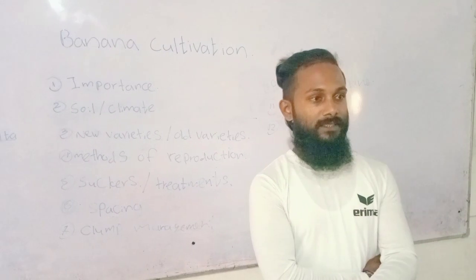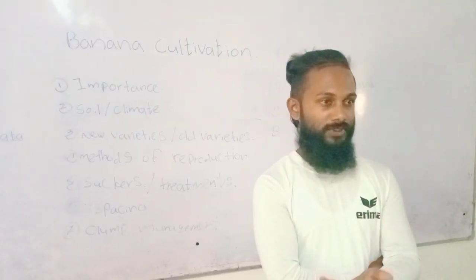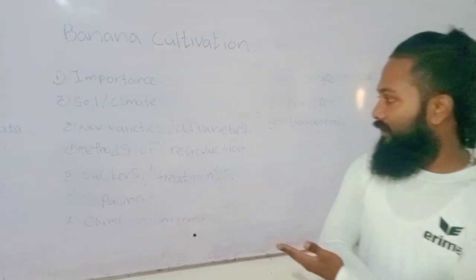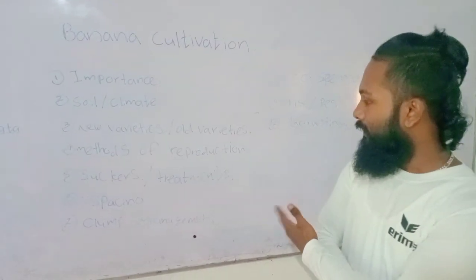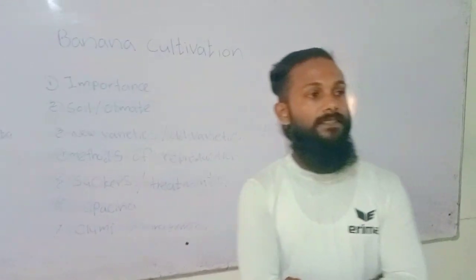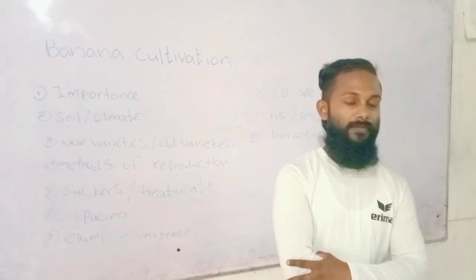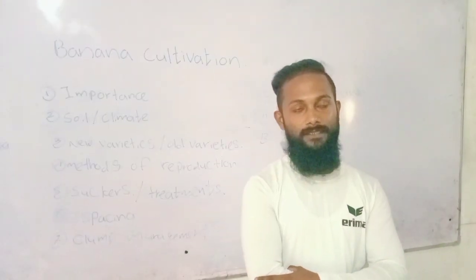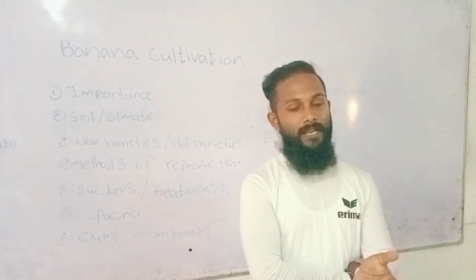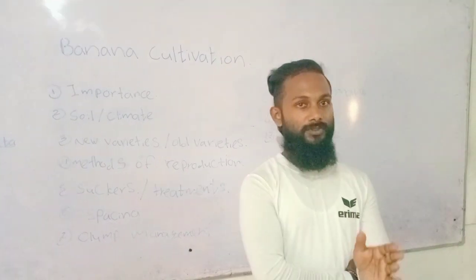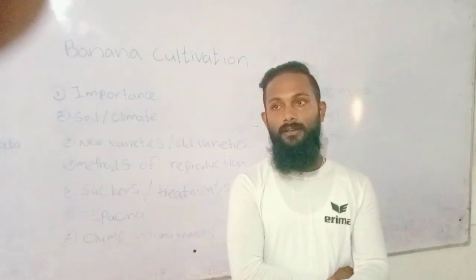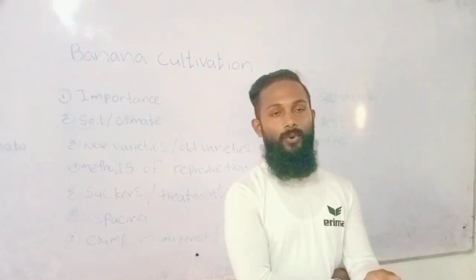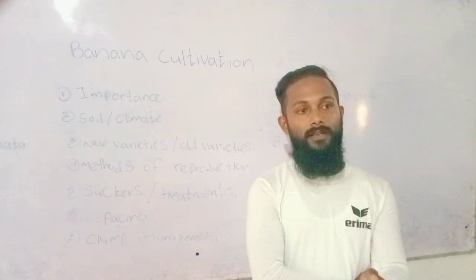Nowadays we are using tissue culture also. Suckers have three types: short sucker, maiden sucker, and water sucker. Short sucker and maiden sucker are very suitable for planting. Short sucker characters: narrow leaves, conical shaped stem, and large rhizome.